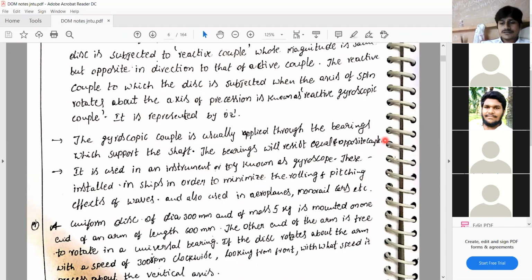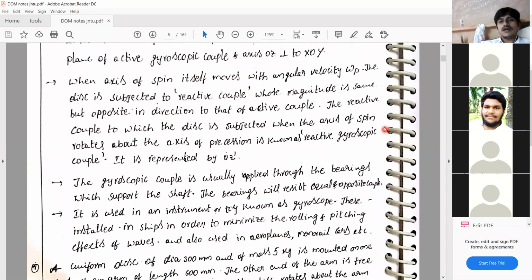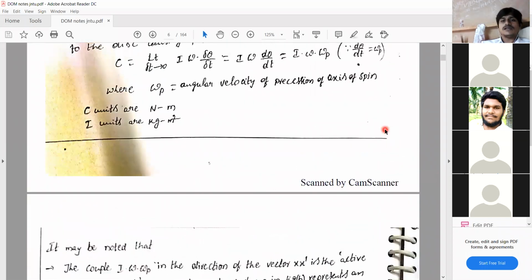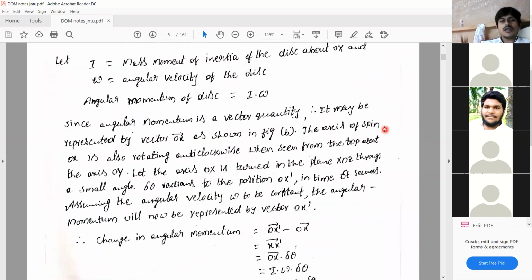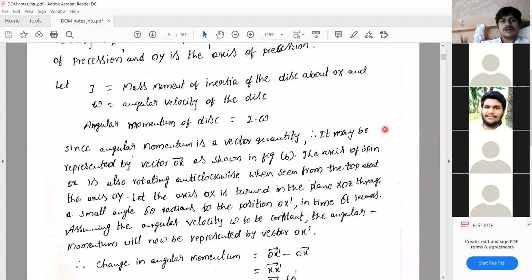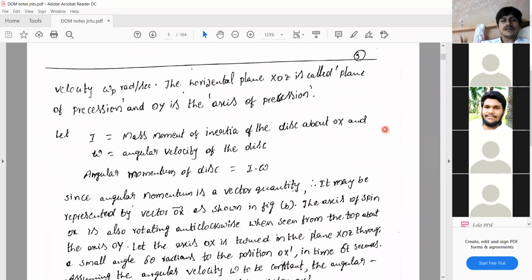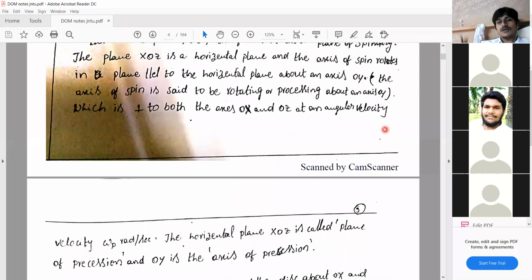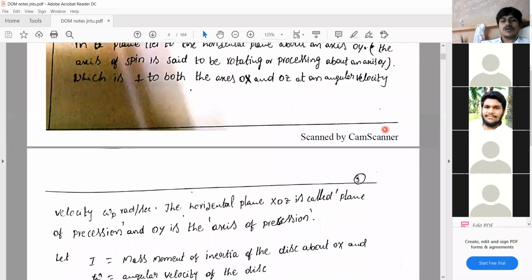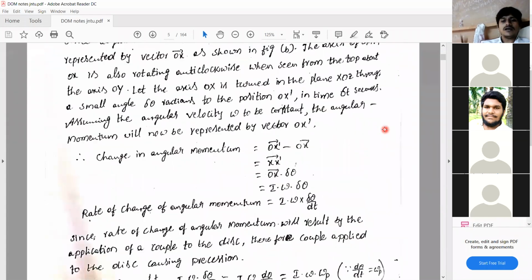Here, how is it helpful, and how does it balance the vehicles? That is done with small examples. I already said some examples of how it helps in balancing vehicles. When it produces forces and couples, then the vehicle will be balanced. How do we calculate the gyroscopic couple? It has a simple formula, so all of you observe.